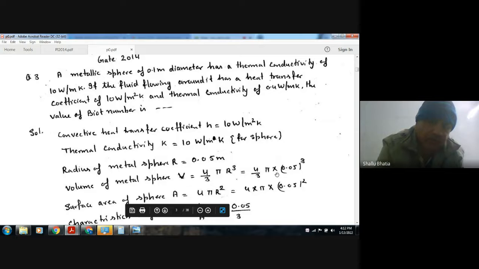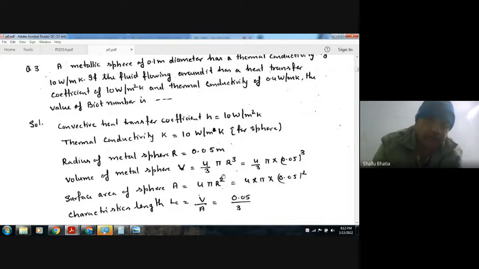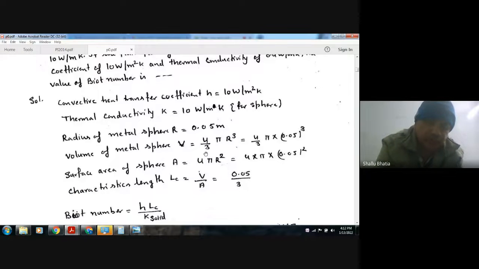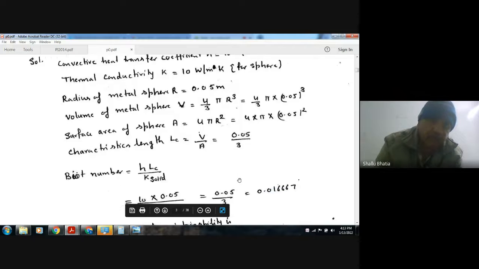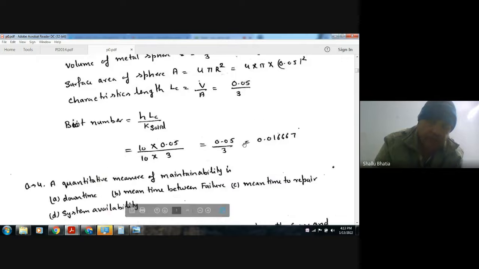To find the characteristic length, we have to find the ratio of V by A, where the surface area of the sphere is 4 pi r square. So the characteristic length is V by A, which comes out as radius by 3, so it is 0.05 by 3. The Biot number is hL by k, where h is 10, k is 10, and L is 0.05 by 3.